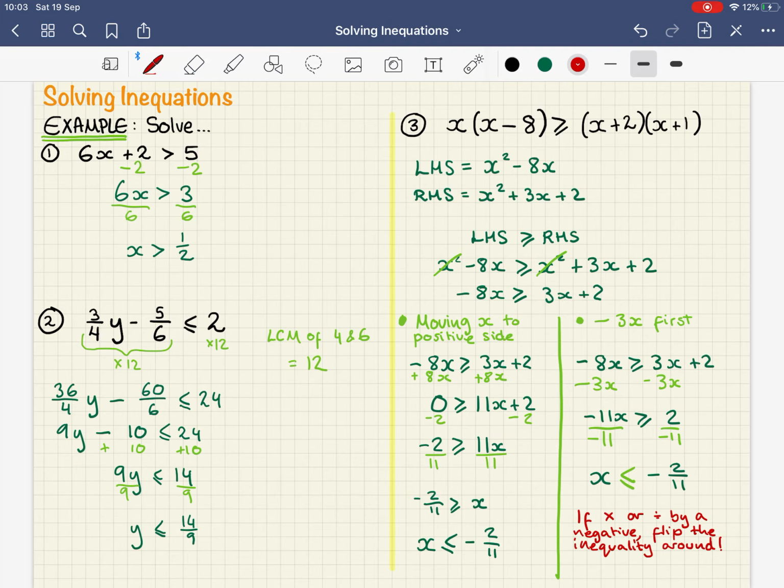So just be careful of that instance. But your choice on whatever method is yours. You can either always focus on moving it to the positive side if you're worried about forgetting it, or if you think you will remember it, this method of just the quicker you can get everything to one side is obviously quicker. Let me know if there are any questions, and good luck with the work.